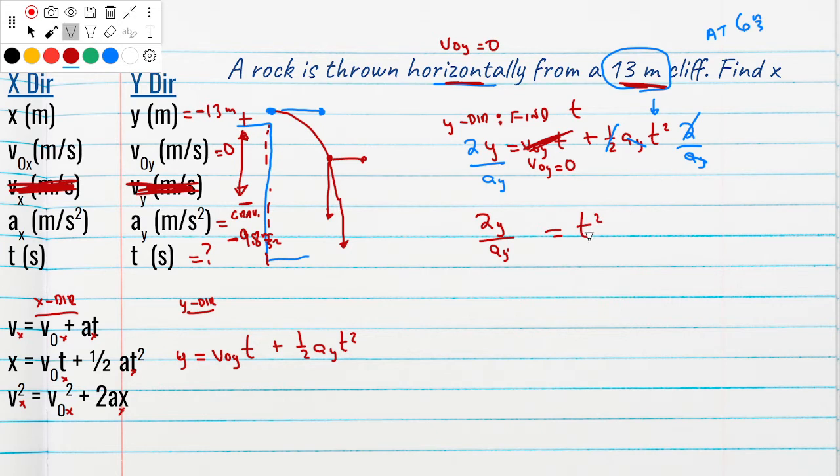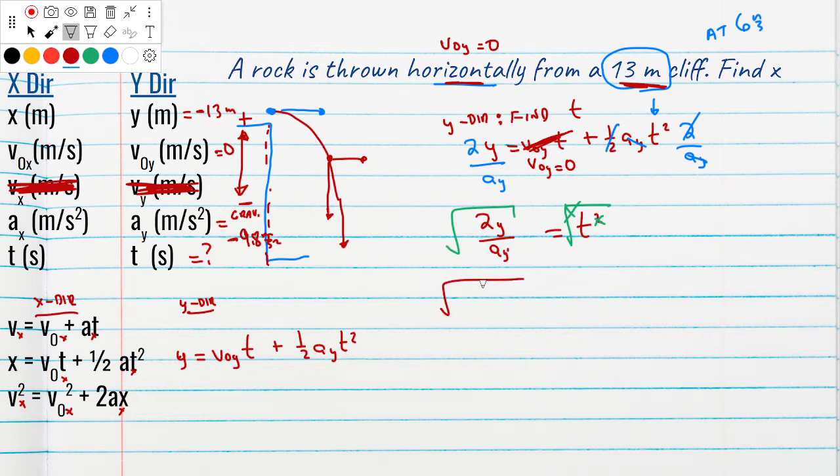I don't want t squared, I want t. So the last thing that I need to do here before I put in my numbers would be take the square root of the right side and let that square root and the squared cancel each other out, and I just get t. But then again, if it's on the right, I got to do it on the left. Got to keep this thing balanced up. And we'll put our numbers into that and get the time.